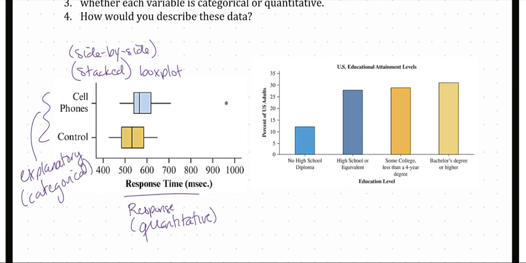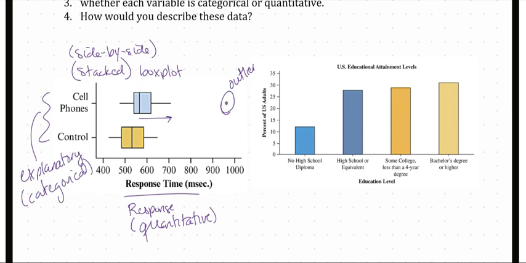We have an outlier here. Box plots don't always indicate outliers. Sometimes they'll just draw a really long tail or a really long whisker. We see here between these 2 levels of the categorical variable, so for those who are using cell phones, it looks like it is right skewed. There is a long right tail here.